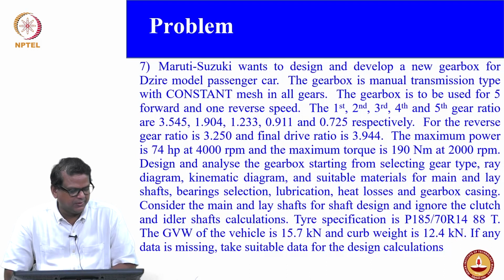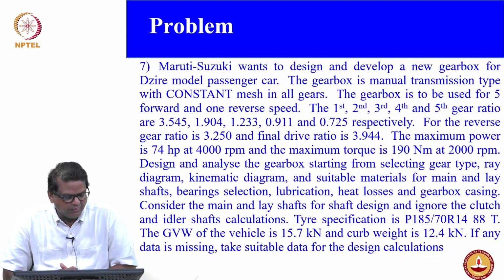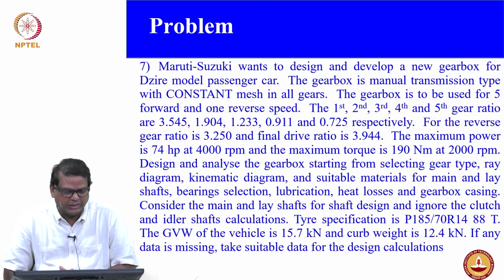The reverse gear ratio is 3.250 and the final drive ratio is 3.944. The maximum power is 74 horsepower at 4000 rpm and the maximum torque is 180 Newton meter at 2000 rpm.